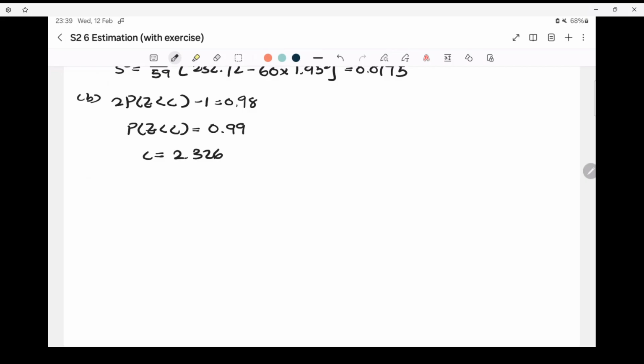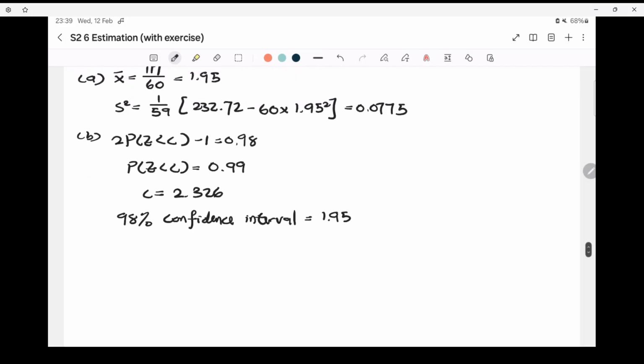So once you found the value of C, the 98% confidence interval will be given by your X bar, which is 1.95, plus or minus 2.326 times the square root of 0.0775 divided by 60.